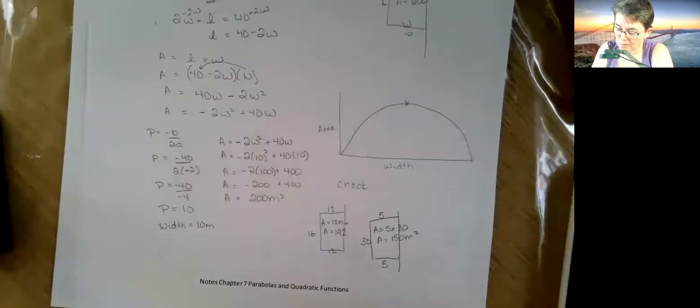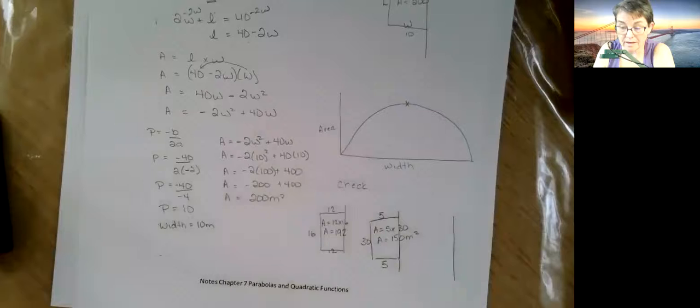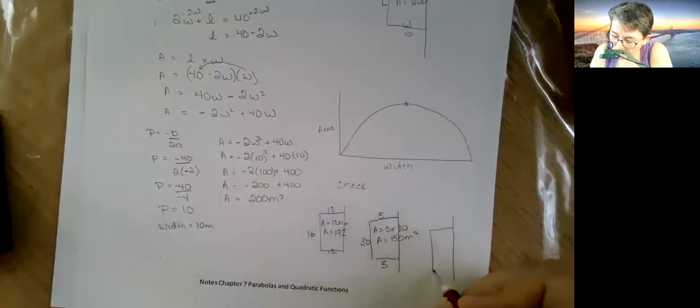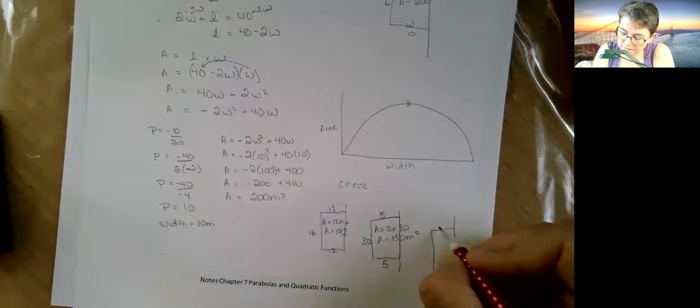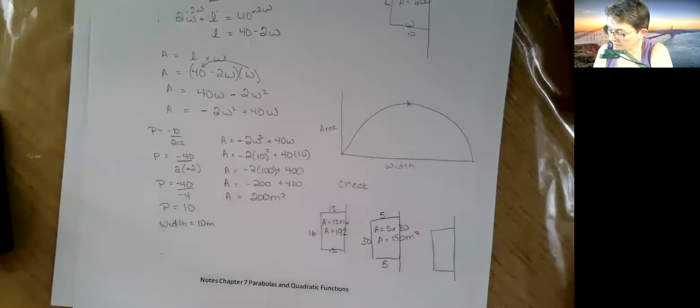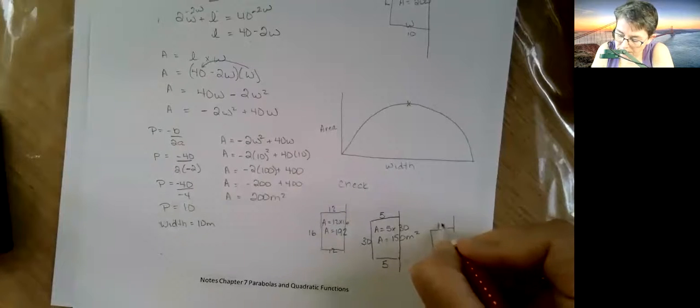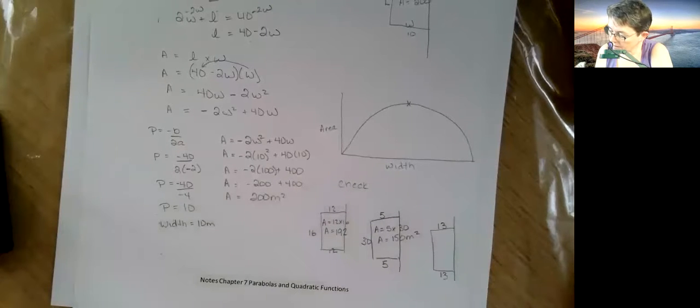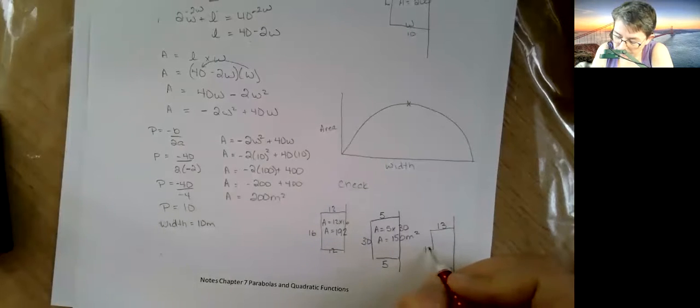What if I want to do one more? Okay, in case you're not sure, I'm checking right now. I'm going to go 40 divided by 3 is 13. What if we do 13 and 13? 40 minus 13 minus 13 is 14.